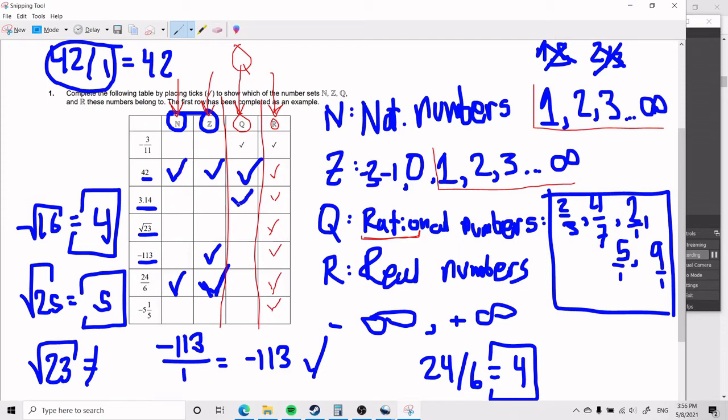And the answer is yes. 3.14, and this is the trickiest one, I think, can be written as 314 divided by 100. And this would be indeed a rational number or a fraction, so that would work.